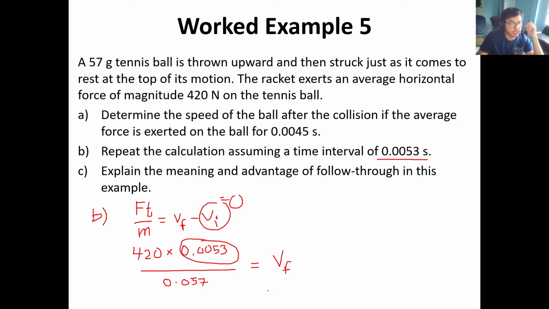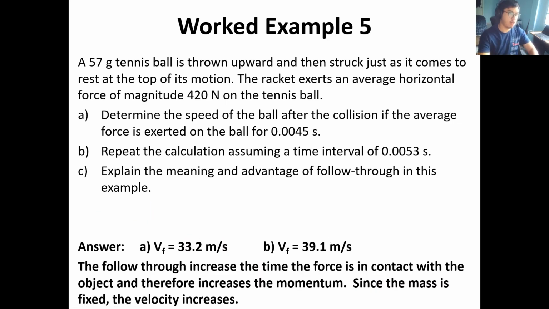So you calculate that, you will get a final velocity of 39.1 meters per second. All right, so A, our final velocity is 33.2 meters per second. B, when the time is slightly longer, we have a higher velocity, which is 39.1 meters per second.